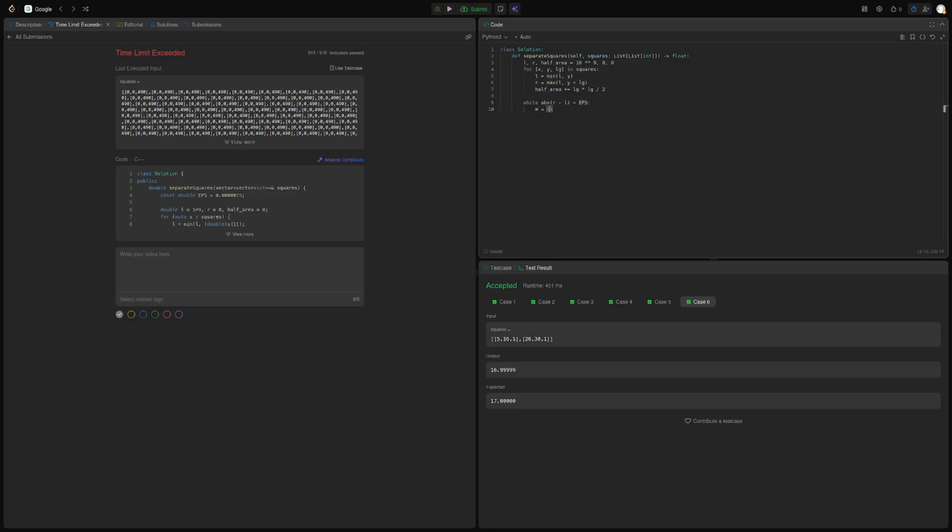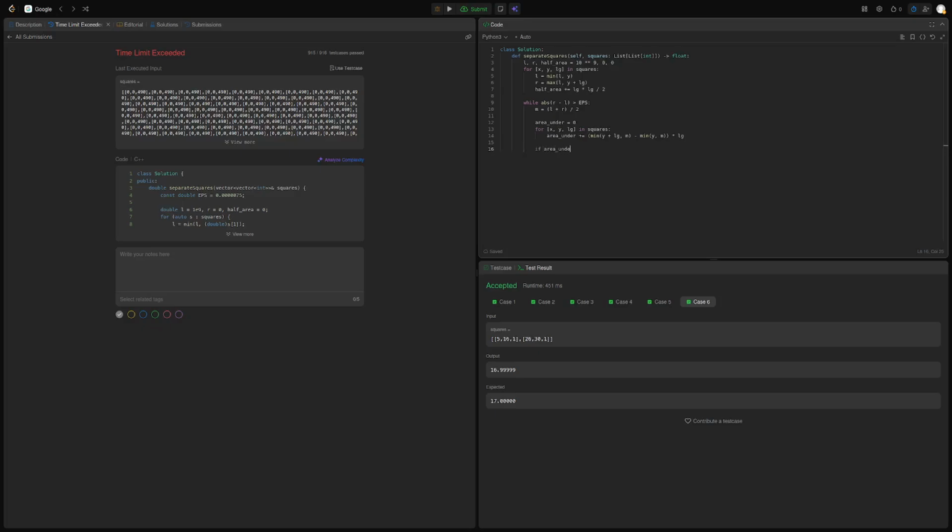So let's do this. M is L plus R divided by 2. Area under is this for XYL in squares. Let's call this a little bit. And now area under plus equals, so let's do like min y plus length, m minus min y m, times length.